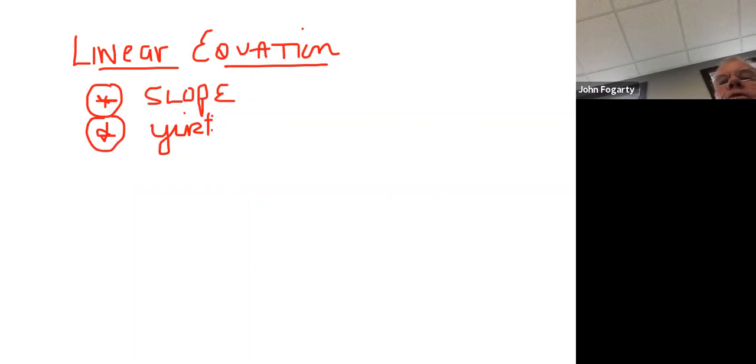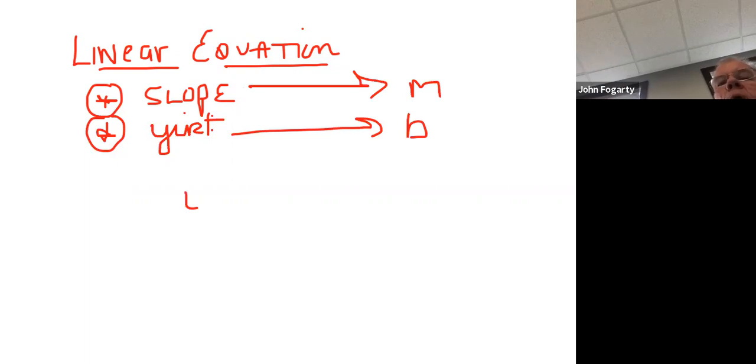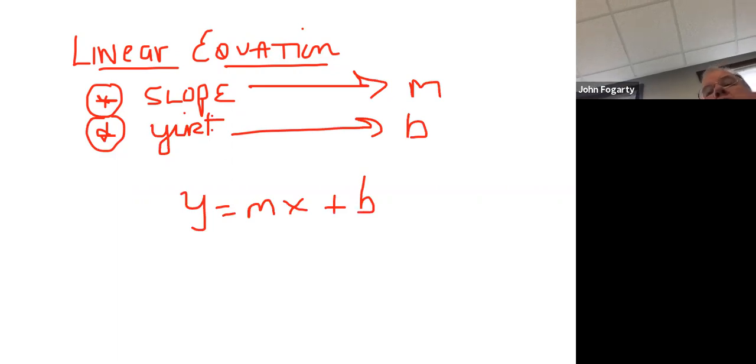If you have those 2 things, the slope is m, the y-intercept is b, y equals mx plus b. That's why they call that slope-intercept form. Anytime you see the term write the equation of a line, that just means find the slope and the y-intercept.